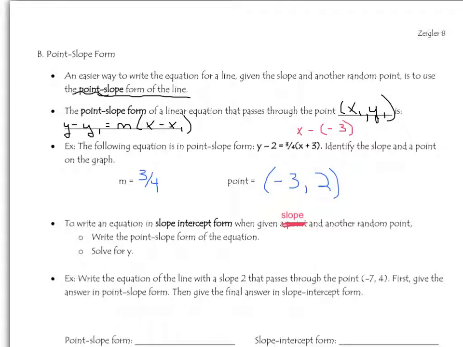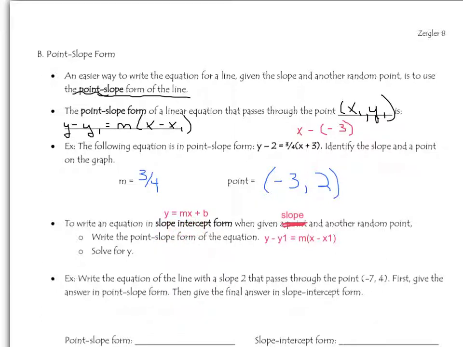So y equals mx plus b is the slope-intercept form, and y minus y1 equals m times x minus x1 is the point-slope form. So you can get slope-intercept form from point-slope form by solving for y, and then you'll simplify and end up with y equals mx plus b.